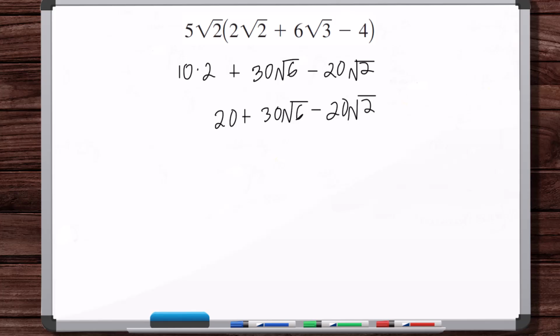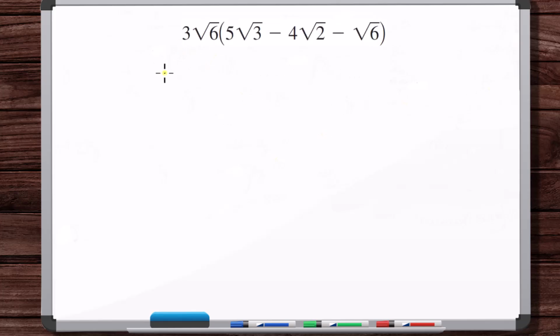So that's it. 5 times 3 is 15. 6 times 3 is 18. 3 times minus 4 is minus 12. 6 times 2 is 12. And then 3 times 6, root 6 times root 6 is 6. Note that when you have a square root times a square root with the same radicand, the radical just goes away. But that's not universal.